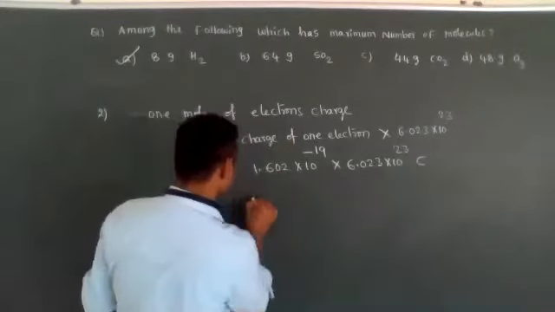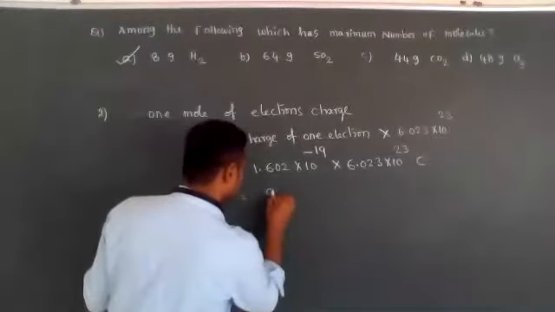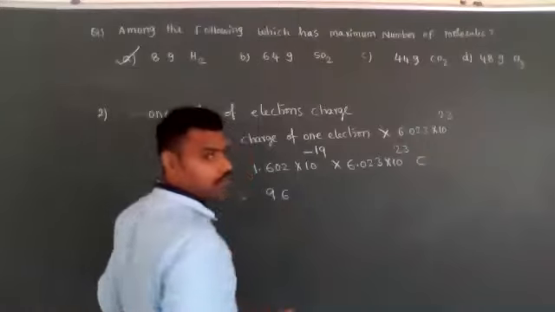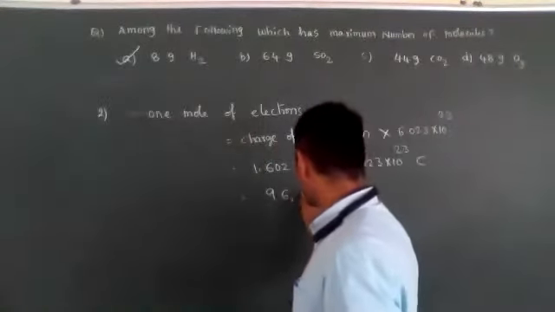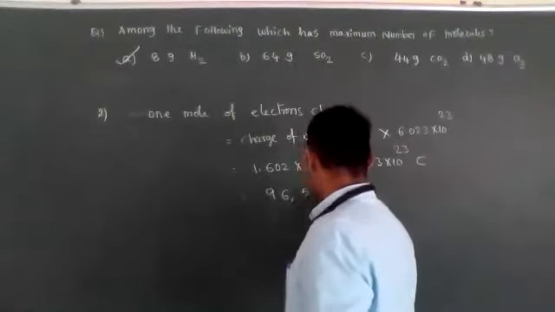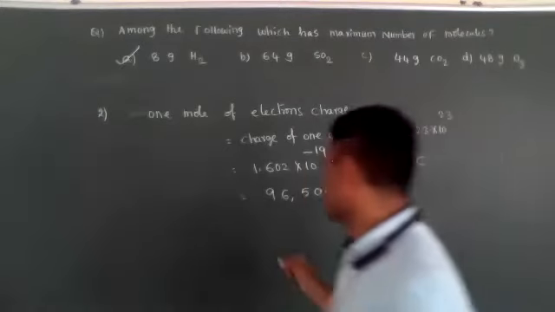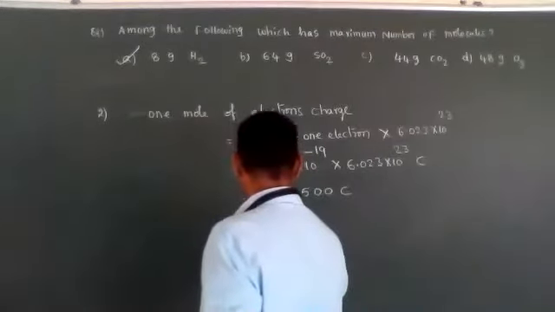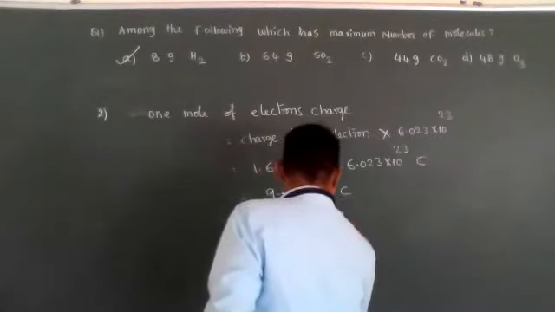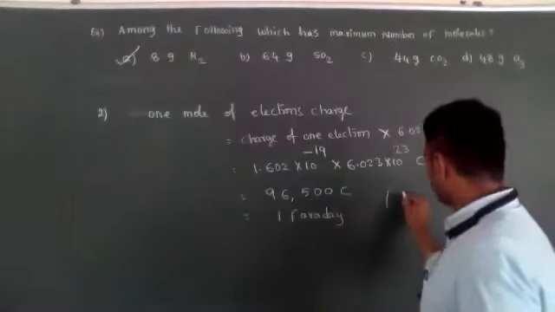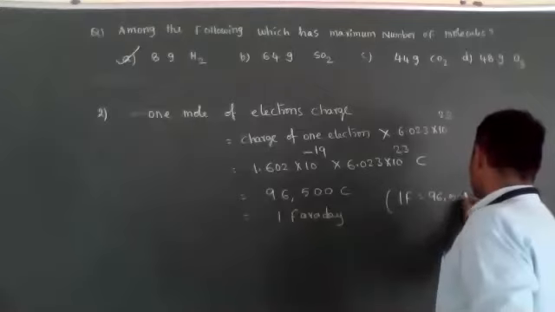After simplification of this value, we will get 96,470 something, which is considered approximately 96,500 coulombs. This 96,500 coulombs is also called 1 Faraday, because 1 Faraday is equal to 96,500 coulombs.